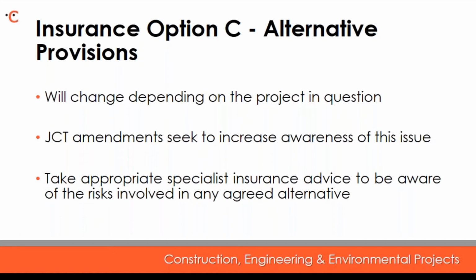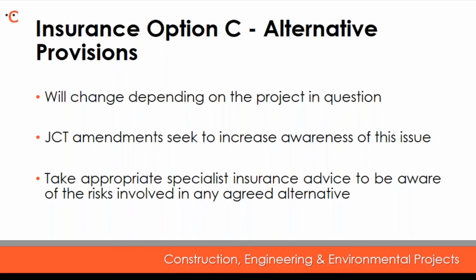But the JCT amendments essentially seek to increase awareness of the issue. The advice here is when you're in any sort of position where you are agreeing alternative provisions and you are at liberty as such to agree as you wish, as is the principle of contract, you should always take the appropriate specialist insurance advice and be aware of the risks involved in any agreed alternative.